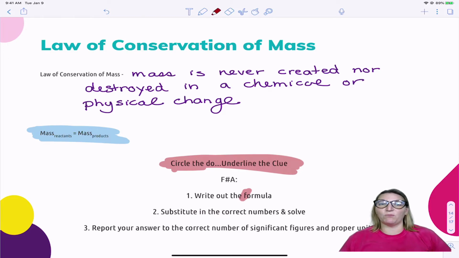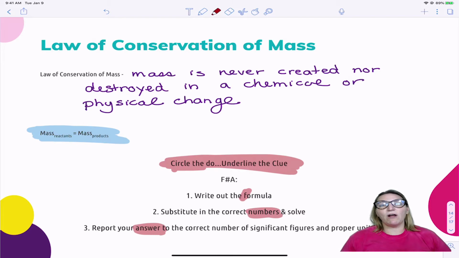It's already in your brain. Then the number sign is just about substituting in the numbers, the clues from your problem, and then solving. Some problems will just be a multiplication problem, like with dimensional analysis, or it could be more algebra related. And then A means get your answer.